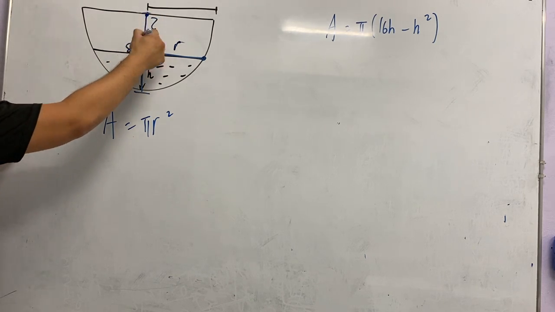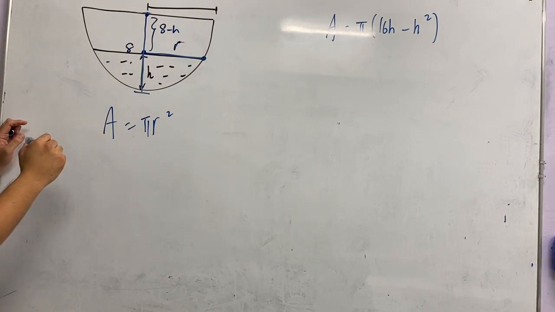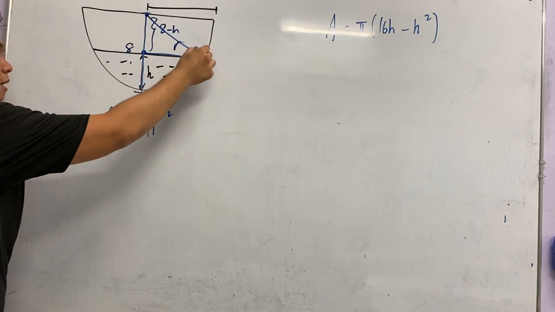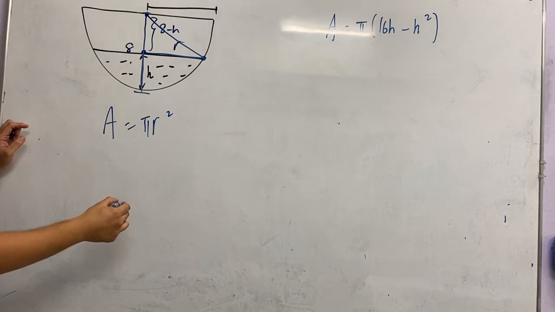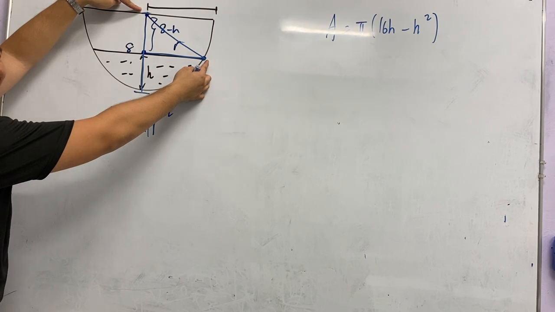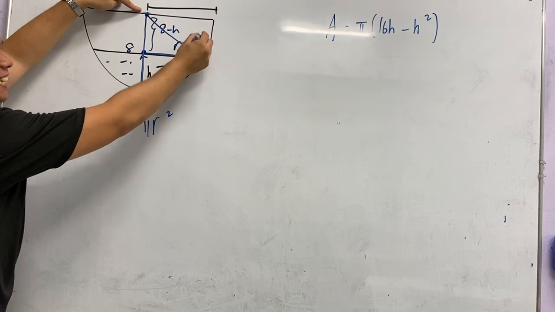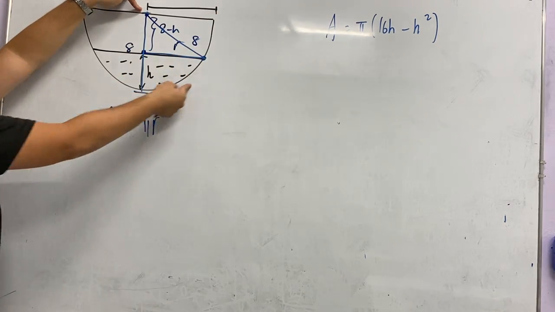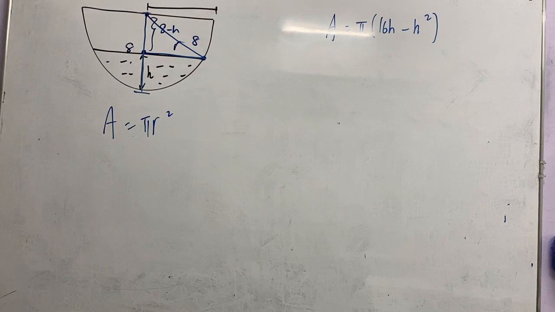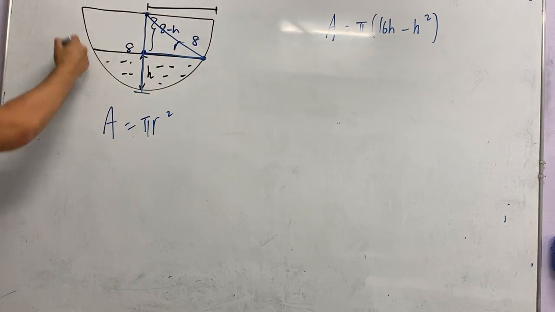So berapa lah sini? 8 minus H, very good. 8 minus H. Kalau cikgu buat satu regression, berapa sini? 8 minus H square. Yeah. This is 8. Takkan you punya mangkok tu tiba-tiba macam ni je. It's the same, right? Correct. So this is 8, where is 8, betul lah?